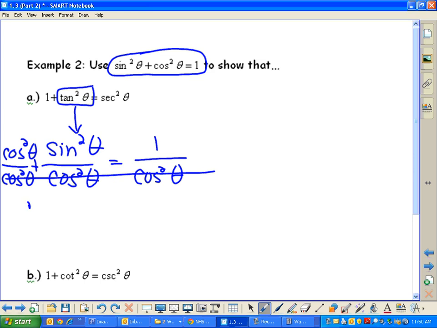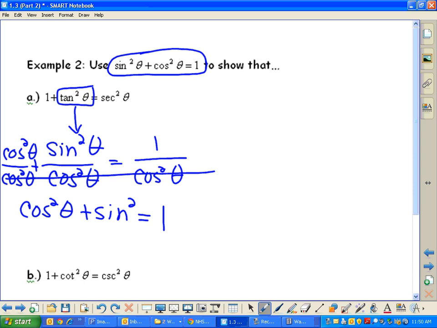So what I have right now is cosine squared theta plus sine squared theta equals 1, which is the identity I was trying to get back to in the beginning of the problem. Again, addition is commutative, so if you wrote it this way or the other way, doesn't matter to me.